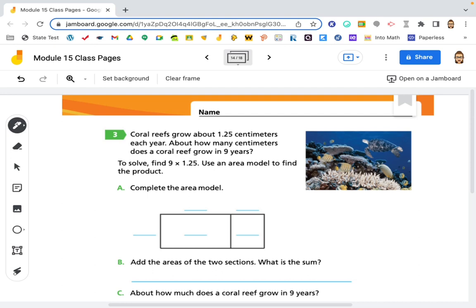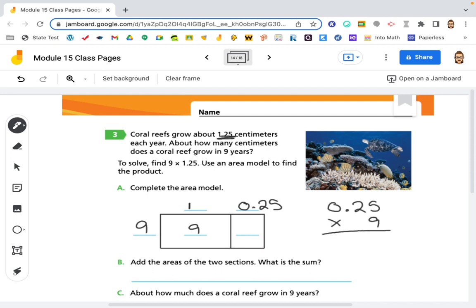So we are going to break apart our decimal here. So we're going to do 1, and then we're going to have our 0 and 2,500. And we're going to do 9. So 1 times 9 is 9. And then we're going to do 0 and 2,500 times 9.